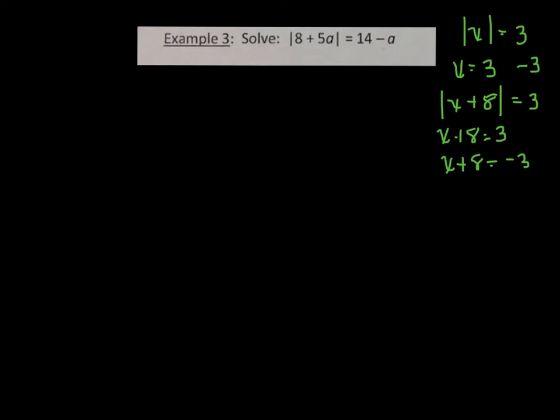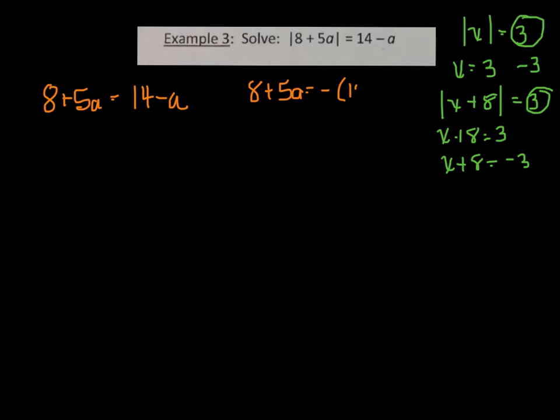So whatever we're doing, we're always taking this and the opposite when I'm solving this equation. So we're going to do the same thing over here. We're going to say 8 plus 5a can either equal this distance from 0, or 8 plus 5a can equal the opposite of this distance from 0.